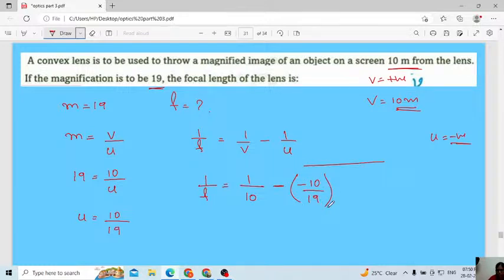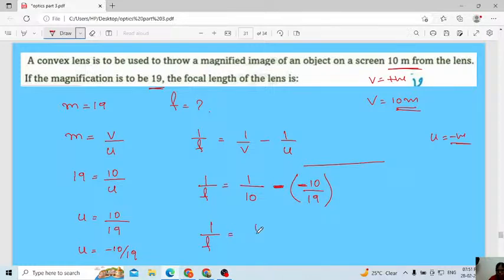Understood everyone? Whether you are considering the mirror or lens, always you are keeping the object in front, then according to our sign convention, u it will be always negative. Then here already in the formula I am having one minus sign. Then because the u is negative, one more, both will become positive.